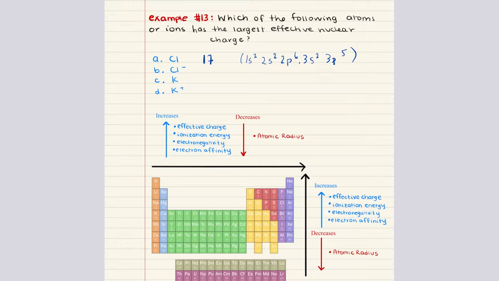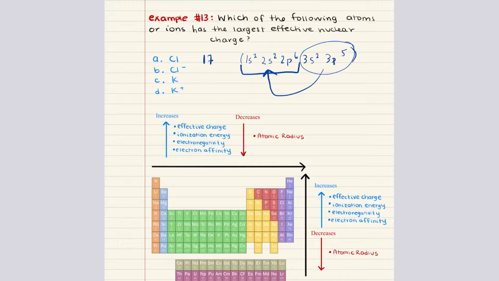The core electrons are the ones in a lower shell than the valence electrons. These are our valence electrons, the ones with the greater principal quantum number. The valence electrons, the ones in the 3 shell, are going to experience a shielding effect from the core electrons, which are these electrons here.